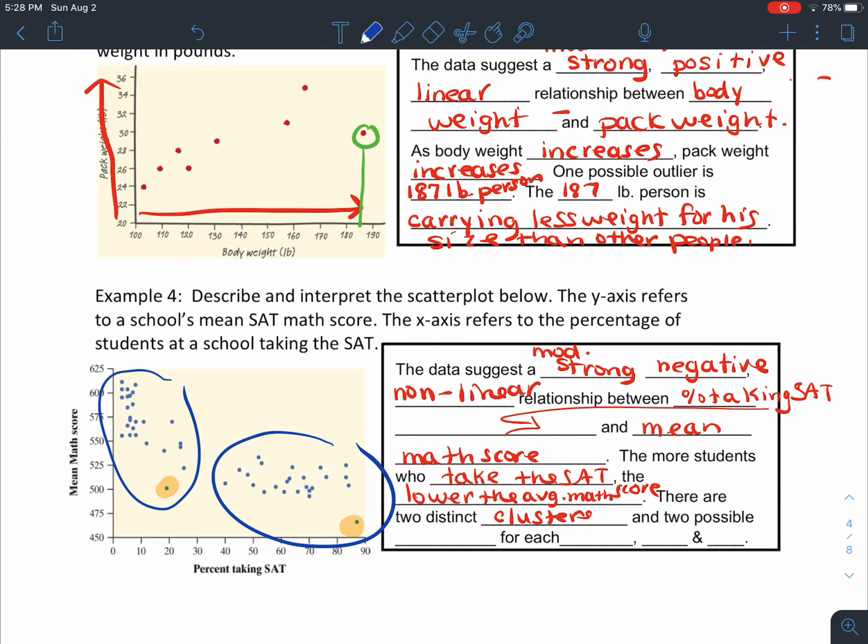Also, it feels like maybe two possible outliers for each cluster. We could call this maybe one about at 18%, when 18% of the student body has taken the test, and the other one we'll say when 88% of the student body has taken the test.